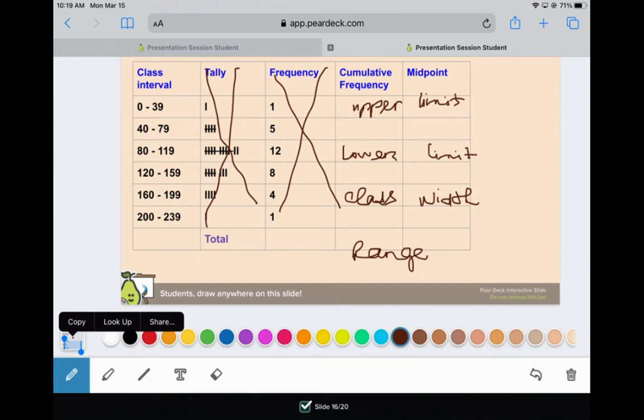Oscar, upper limit, lower limit, correct. Caitlin, I haven't seen the work, so I'll come back and check. Emiliano, that is correct. That is good. Okay, I have 14 of you who have not responded. Let me see. Dominic.